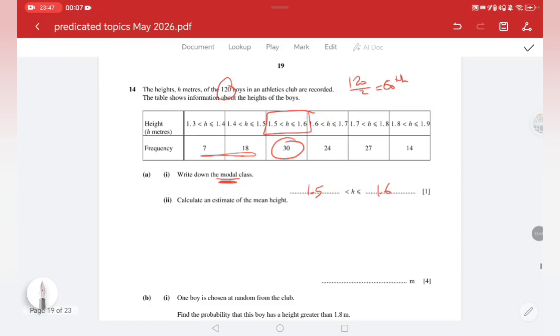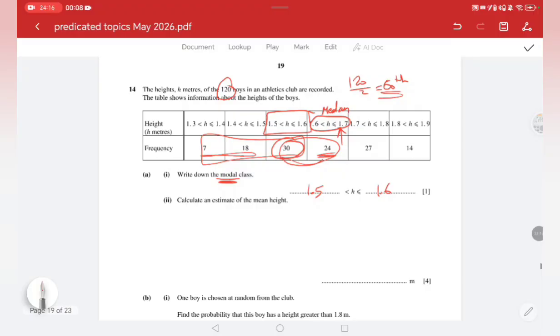Did you reach 60? Not yet, it's just 25. Plus 30, did you reach 60? Not yet. Plus 24, did you reach 60? Yes, so this one is the median interval. You may have a question like that. The same if they ask which class contains the lower quartile or the upper quartile, use the same idea.